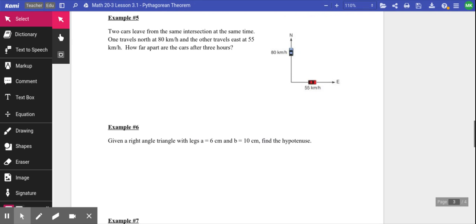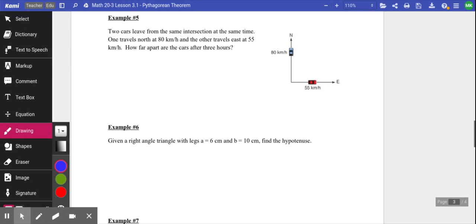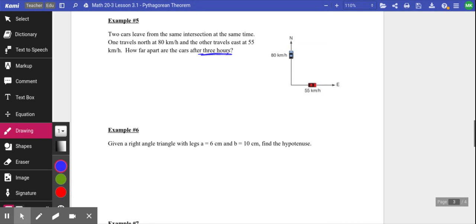Number 5, you do have to times those values by 3 because it only told you the speed of the car. So those of you who've worked ahead, like Luke and Aiden, check your values here. It's not 80 and 55. Because they were driving at that speed for 3 hours, you have to times it by 3.